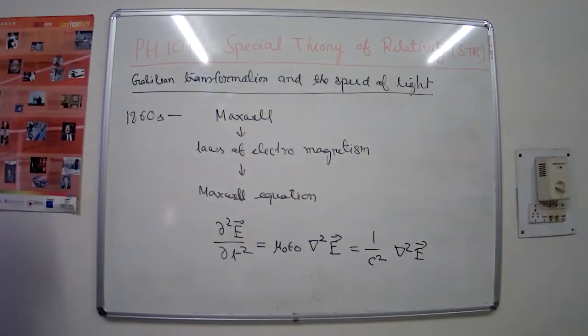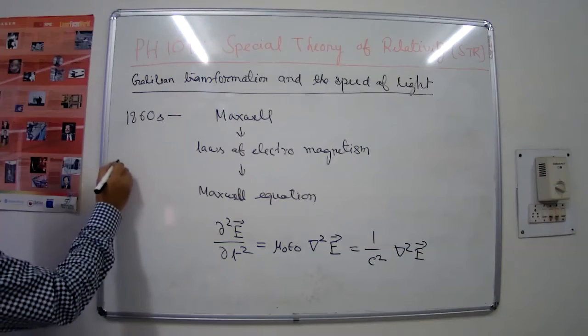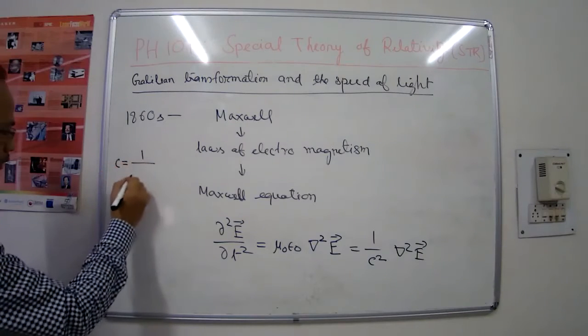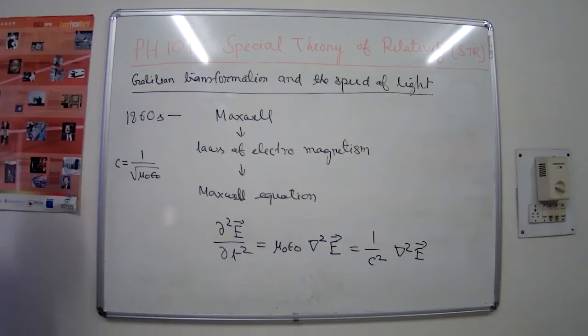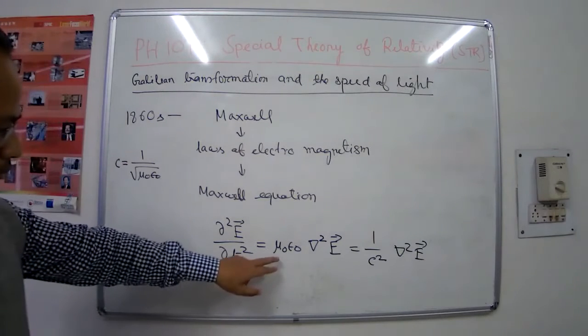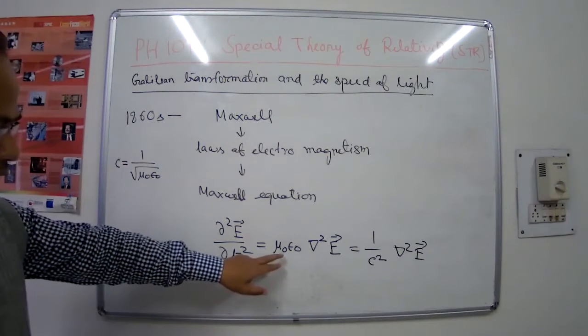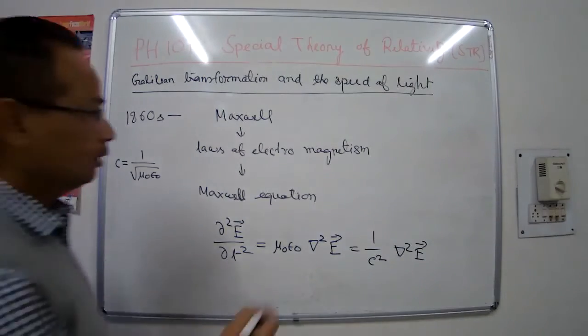The meaning is that in vacuum, the speed of light comes out to be 1 upon square root of mu naught epsilon naught.